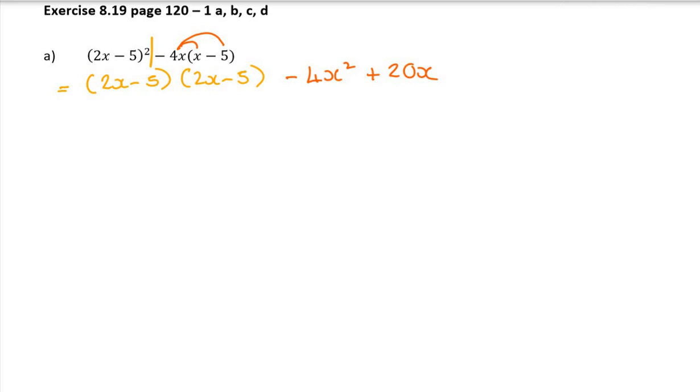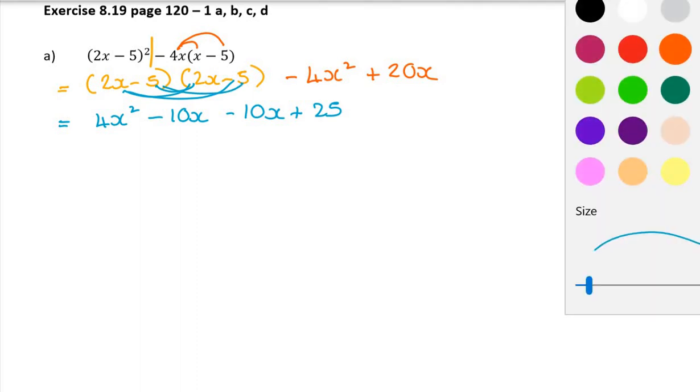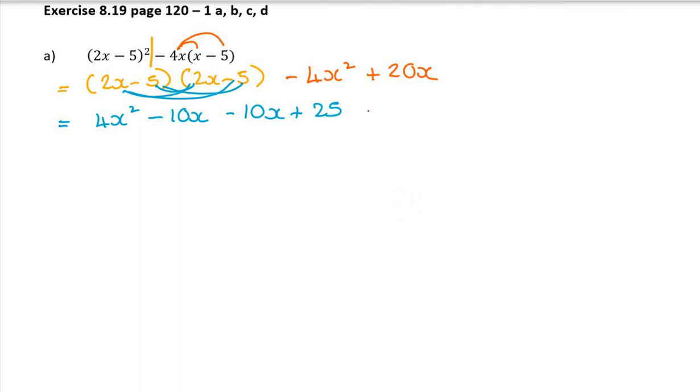Okay, now I've got a binomial times a binomial, so 4x squared minus 10x, that's from distributing in my 2x. Then distributing in my 5 is another minus 10x and plus 25 from distributing that in. And then I still got my 4x squared plus 20x.